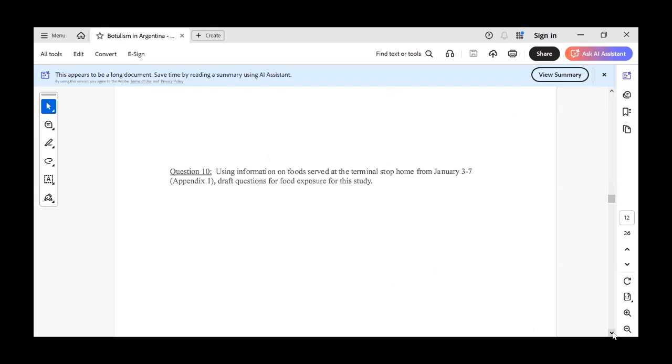What's the advantage or disadvantage? So you had the option of saying, list all the foods you ate between this time period, or you could put a list of foods and ask them to check the ones that they had, or you could put a list of foods and for each one you have a yes or no answer.